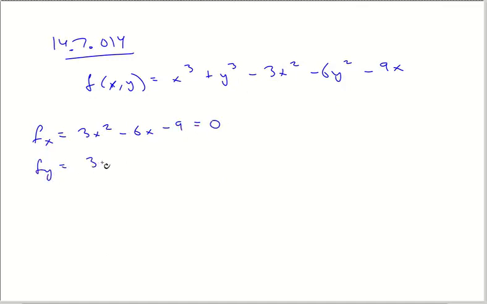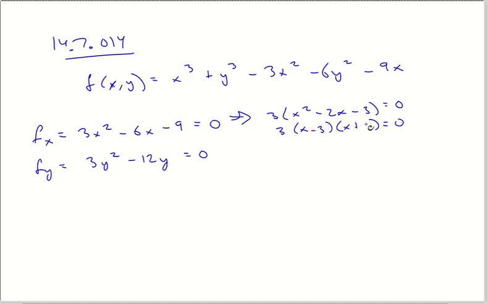For my y's, 3y squared minus 12y, set it equal to 0. Notice here that we can factor a 3 out. That is so handy, so that I can actually factor legitimately now.